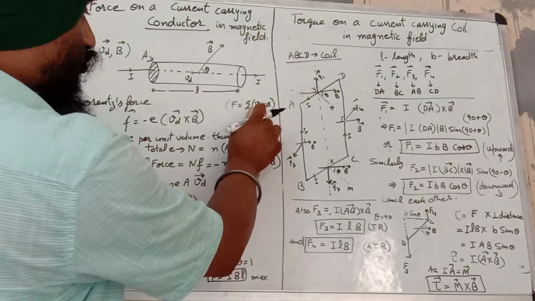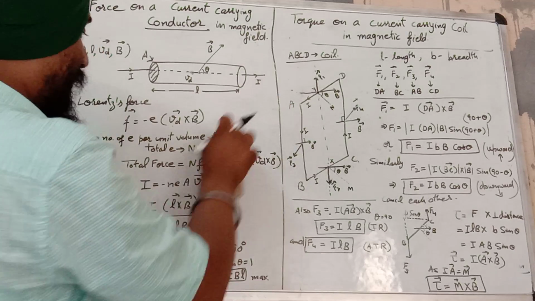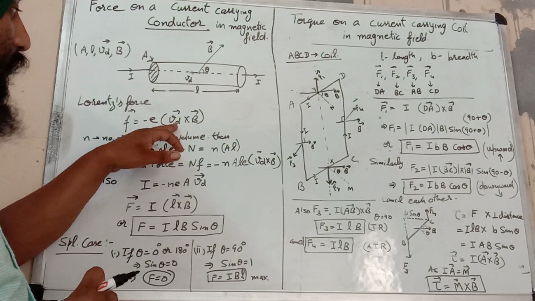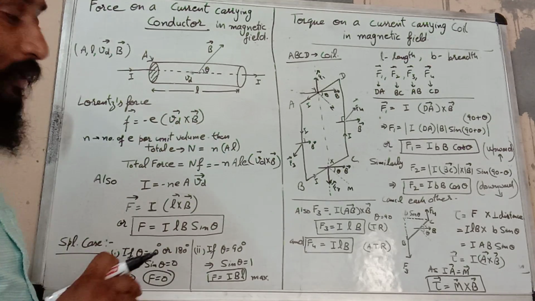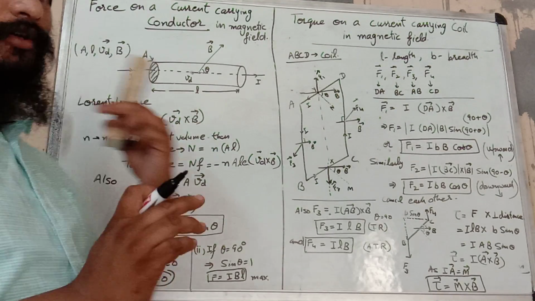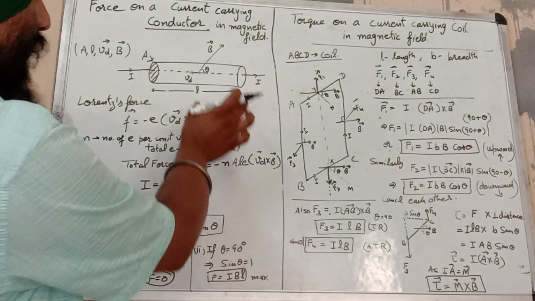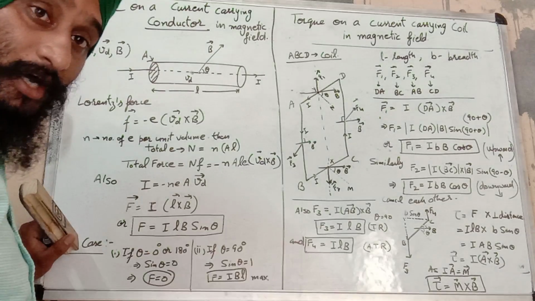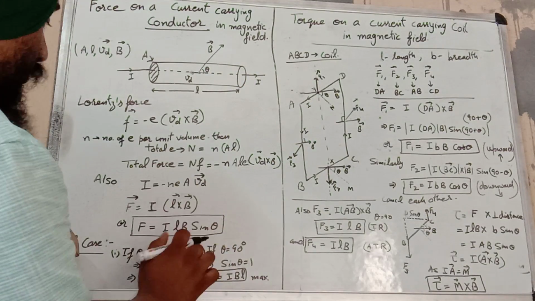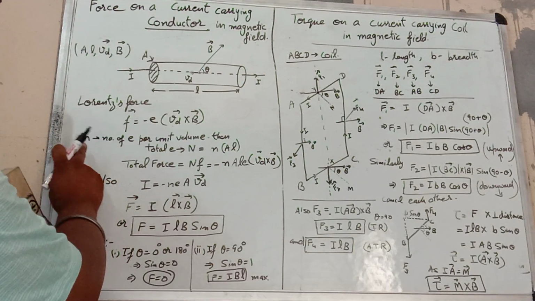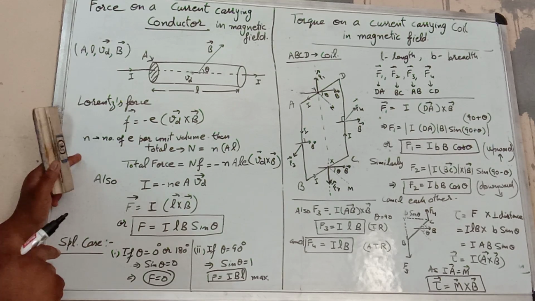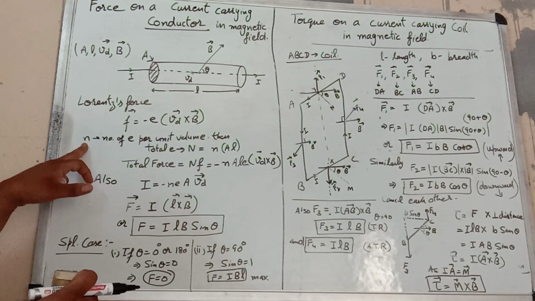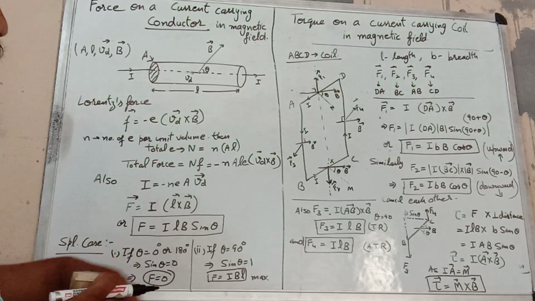So the net force acting on one electron is F equal to minus e Vd cross B. If we know the total number of electrons in the conductor, then we can calculate the total force acting on the conductor. For this we consider n, the number of electrons per unit volume.